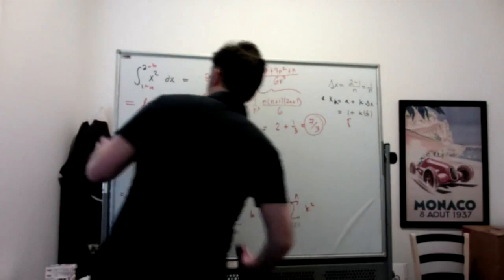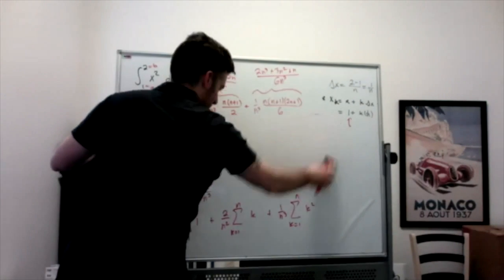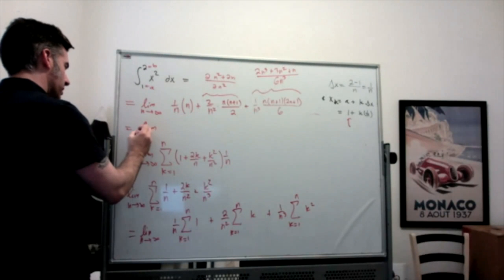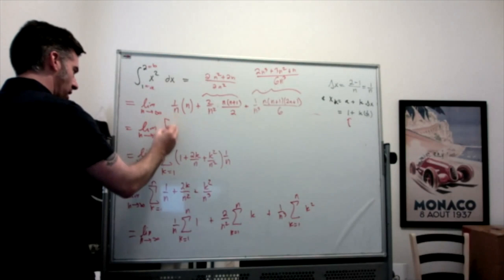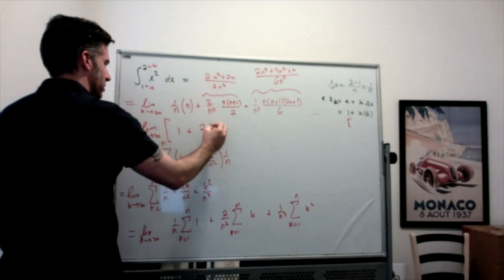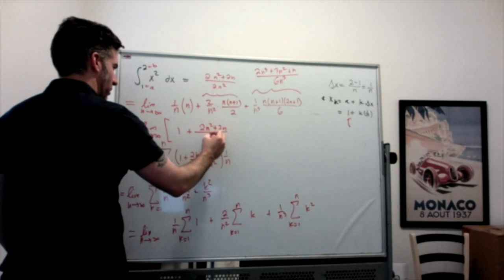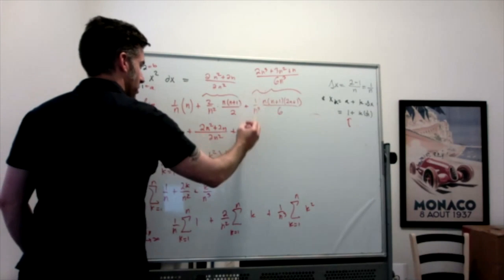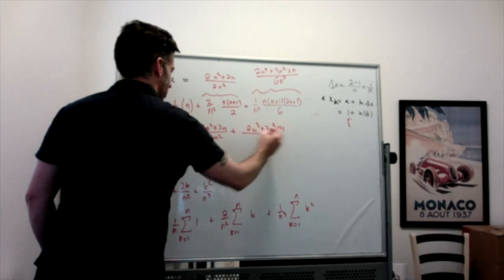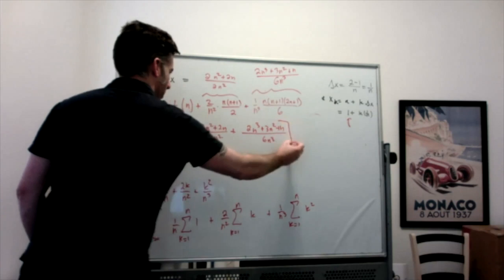So what I'm really doing here, right, is taking the limit as n goes to infinity of 1 plus 2n squared plus 2n over 2n squared plus 2n cubed plus 3n squared plus n over 6n cubed.